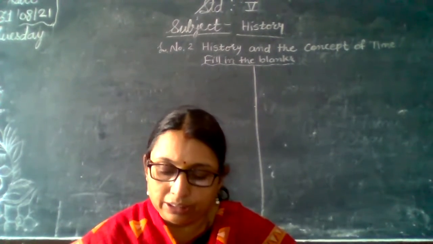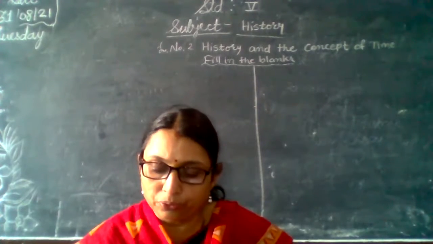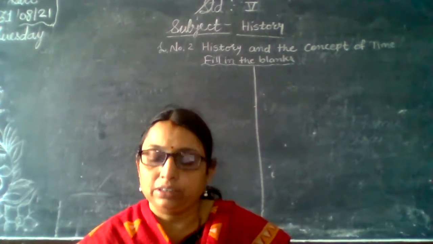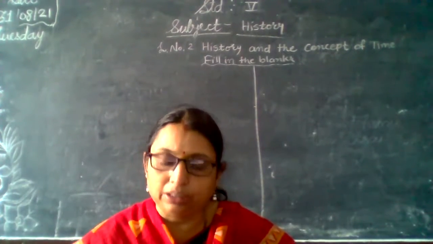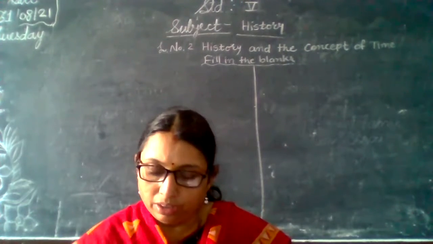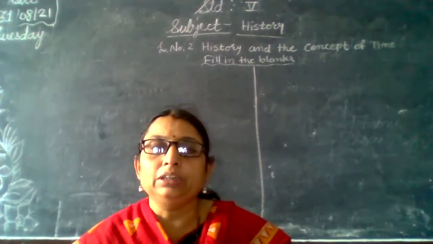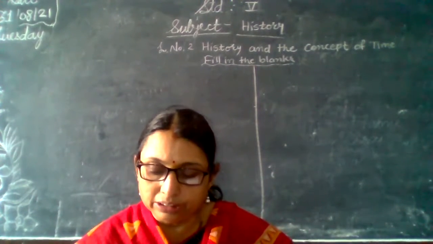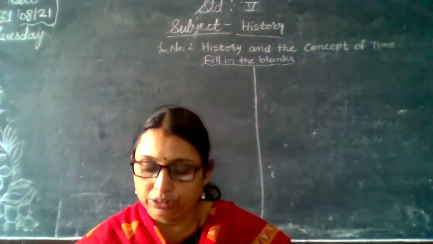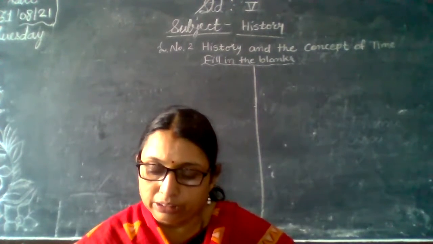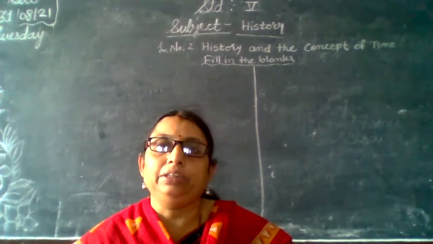Seven days make 1 week. 2 weeks make a fortnight. 4 weeks make a month. 12 months make a year. 100 years make a century. And 10 centuries make a millennium.